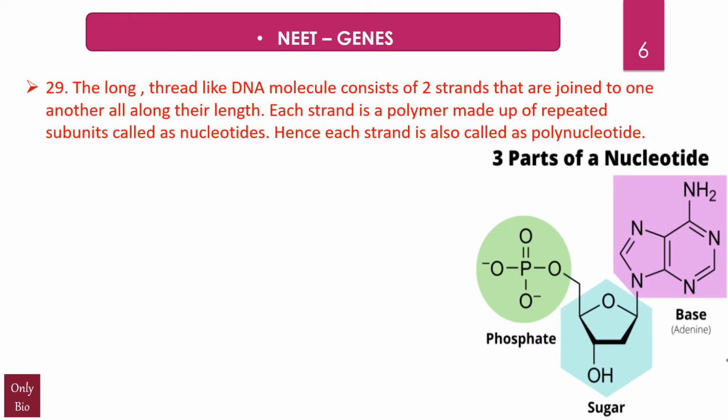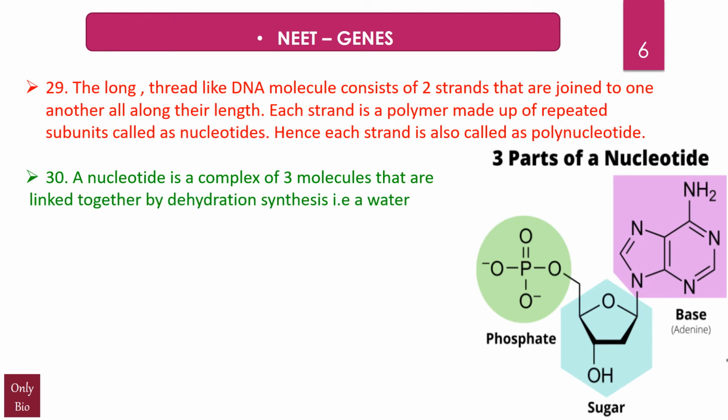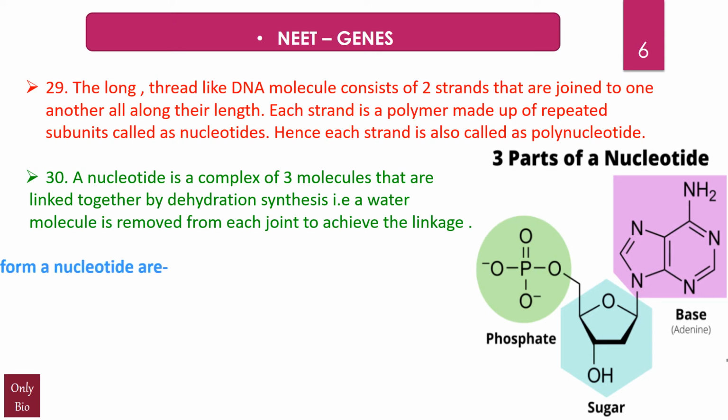Point number 29. The long thread-like DNA molecule consists of two strands that are joined to one another all along their length. Each strand is a polymer made up of repeated subunits called nucleotides. Hence, each strand is called a polynucleotide. A nucleotide is a complex of three molecules that are linked together by dehydration synthesis, that is, a water molecule is removed from each join to achieve the linkage.